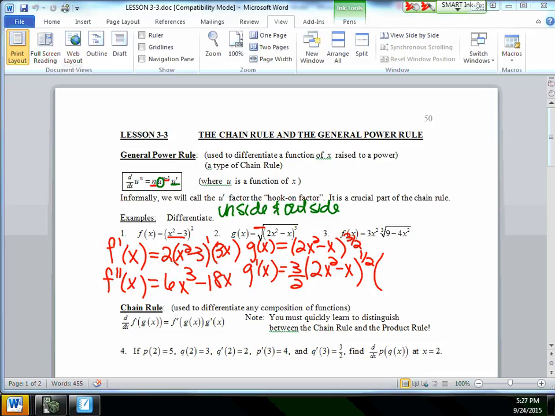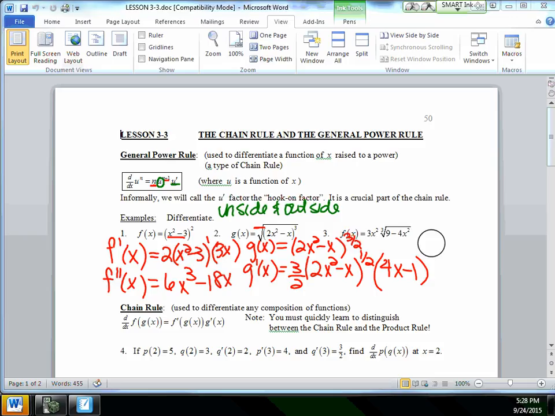Now times it by the derivative of the inside. The derivative of the inside there is 4x minus 1. So I can't FOIL this into there because that is a radical. I could take the 3 into that group if I want, or I could leave it just the way I have it. So that would be the derivative.